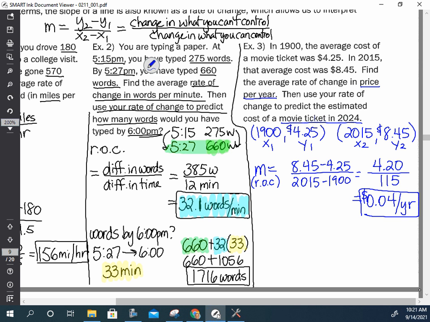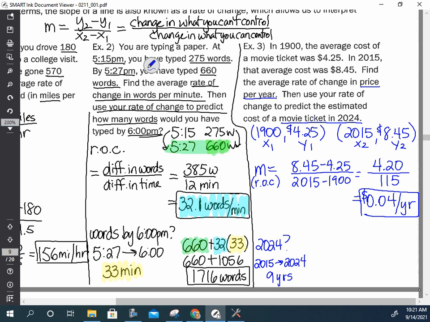So rate of change, again, is just finding the slope. Now we use this to predict the cost of a movie ticket in 2024. So if you're going from 2015 to 2024, that's 9 years.